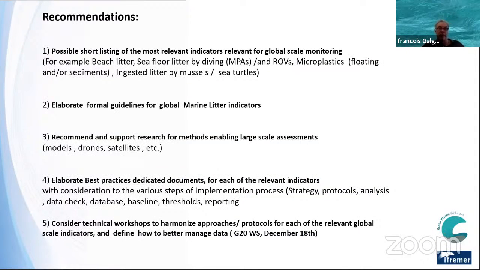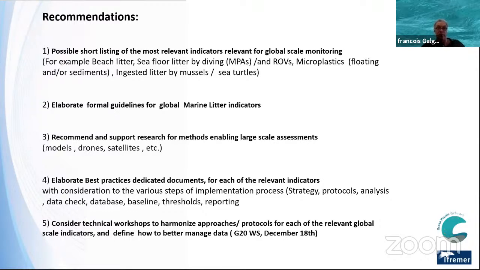So we do have some recommendations in terms of monitoring that are now better understood. We need to shortlist the most relevant indicators, which is one of the next steps, and find the most effective ones. We may keep beach litter because it could be organized by a regional sea convention. Seafloor by diving and ROVs, for instance, could be interesting because it may be upscaled worldwide.